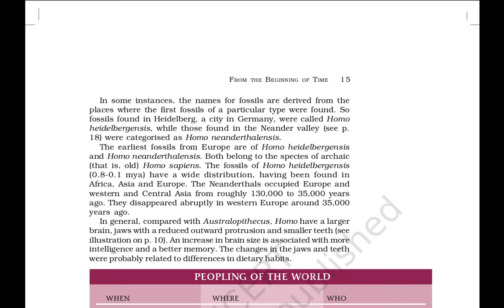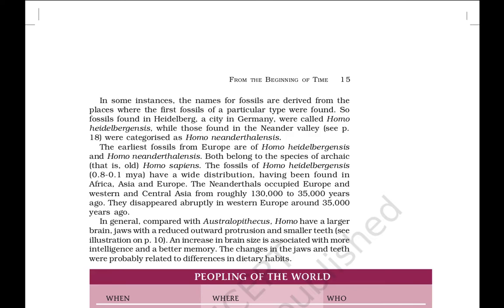The earliest fossils from Europe are of Homo heidelbergensis and Homo neanderthalensis. Both belong to the species of archaic, that is old, Homo sapiens.